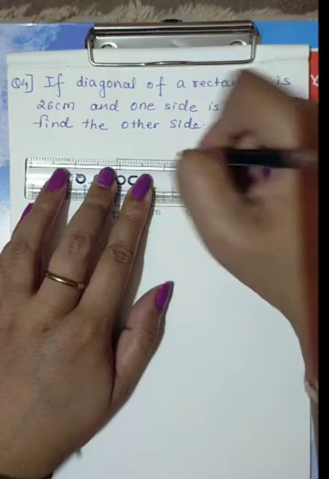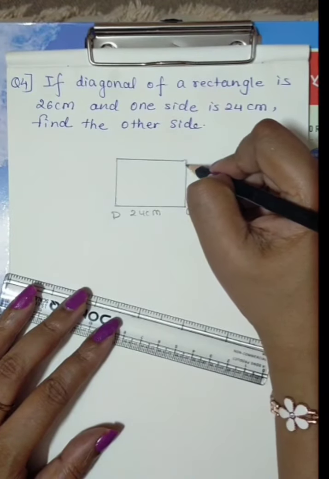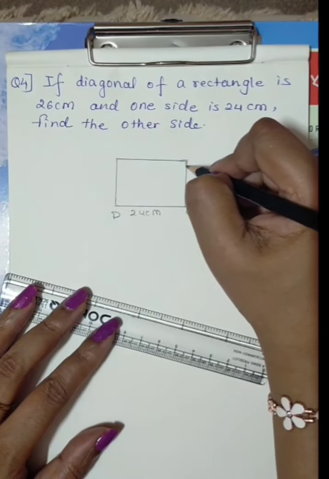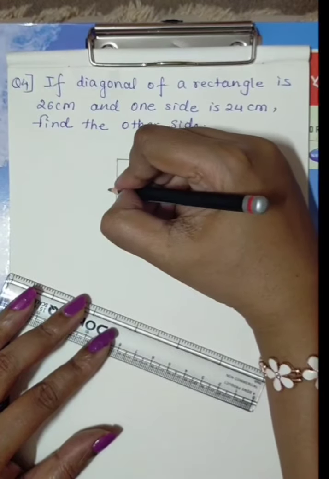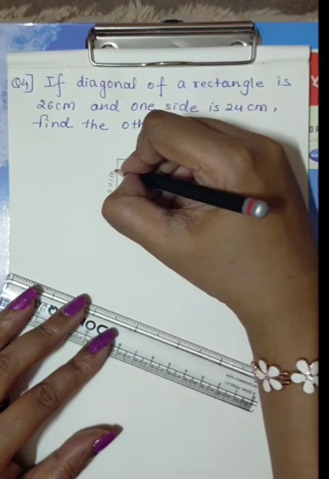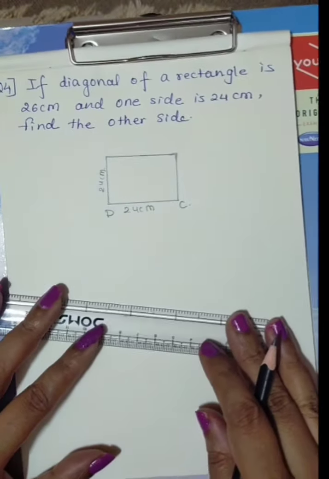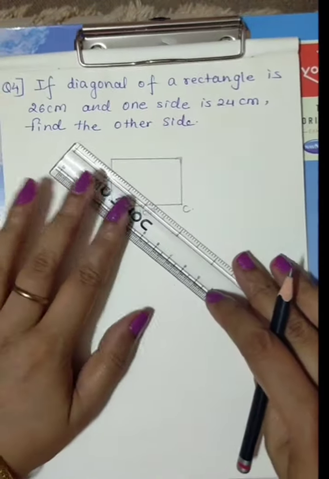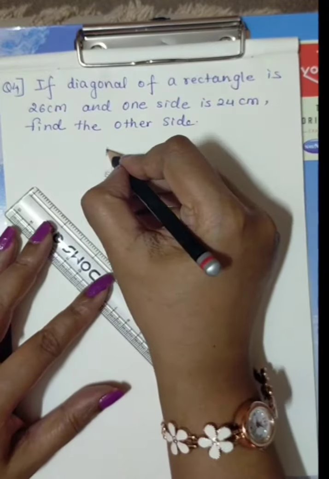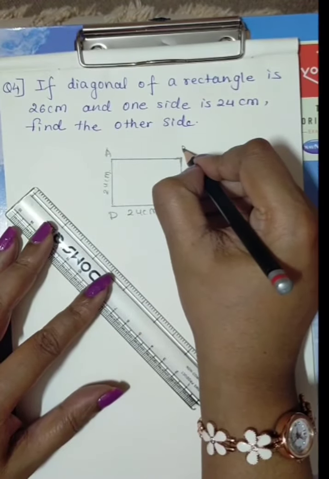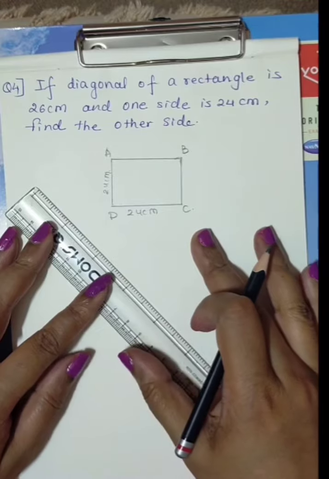Okay, use scale. So 24 centimeter. Okay, now here A, B, C and D.